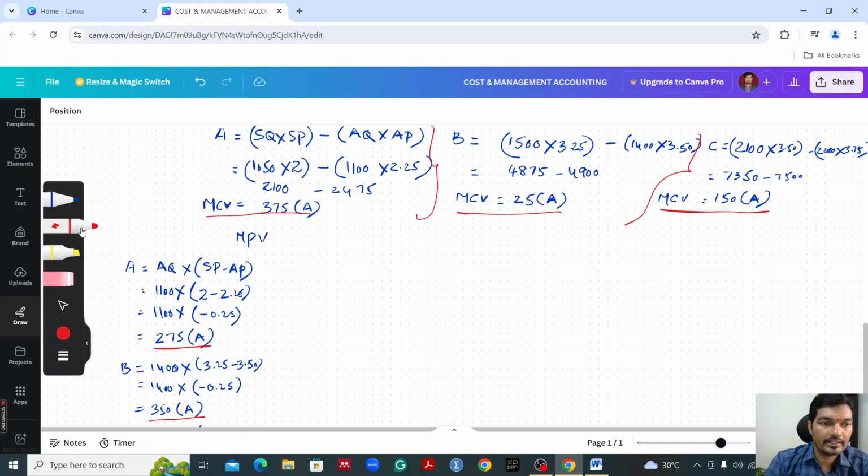Then we'll calculate the MUV, material usage variance. Again, product wise we need to do it here. Standard price is multiplied with usage, meaning quantity: standard quantity minus the actual quantity. What is the standard price for material A? 2 rupees.